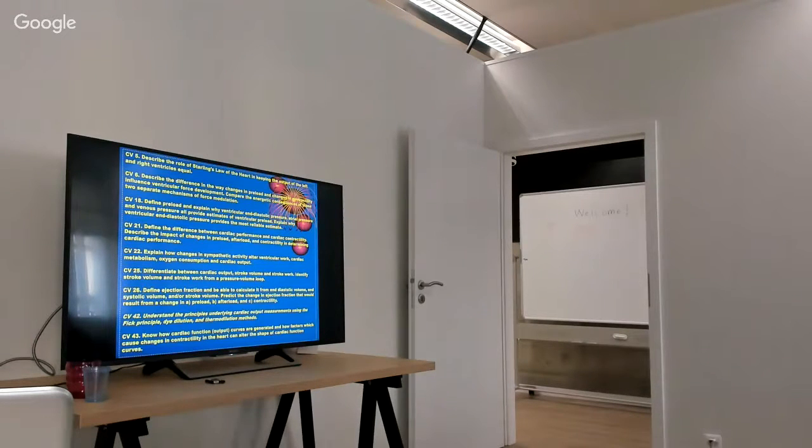And how do we calculate the cardiac work? The area of the cycle. Which area?